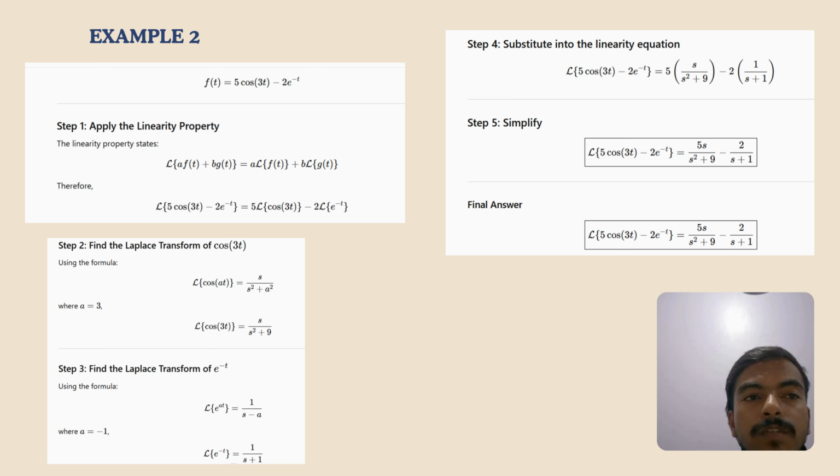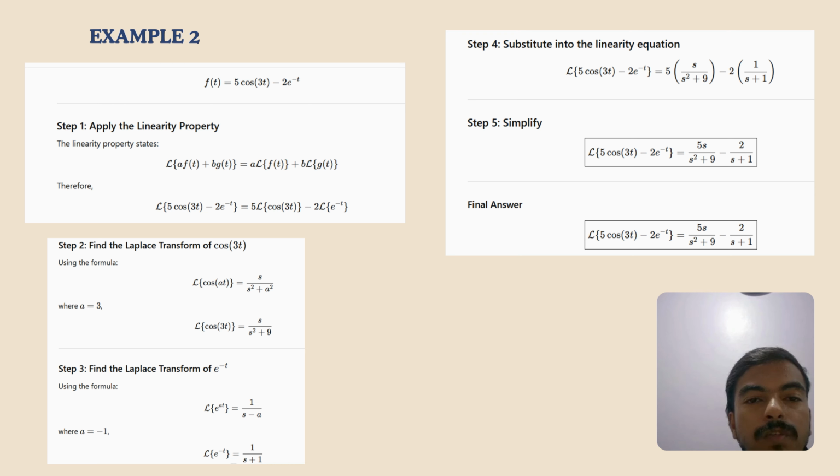After we include the question in the formula, as we can see, Laplace of 5 cos 3t minus 2 e to the power of negative t equals 5 Laplace of cos 3t minus 2 Laplace of e to the power of negative t.